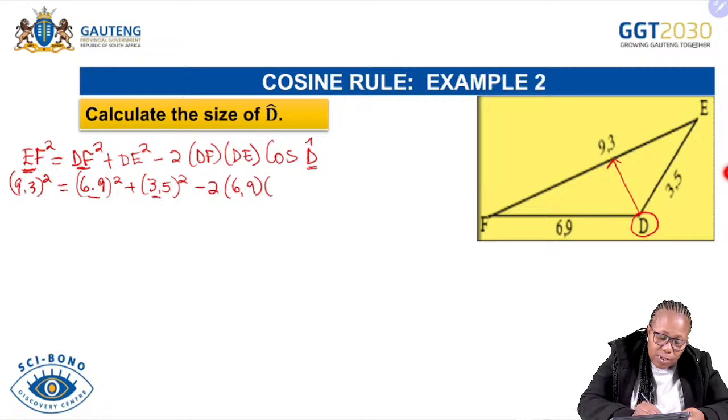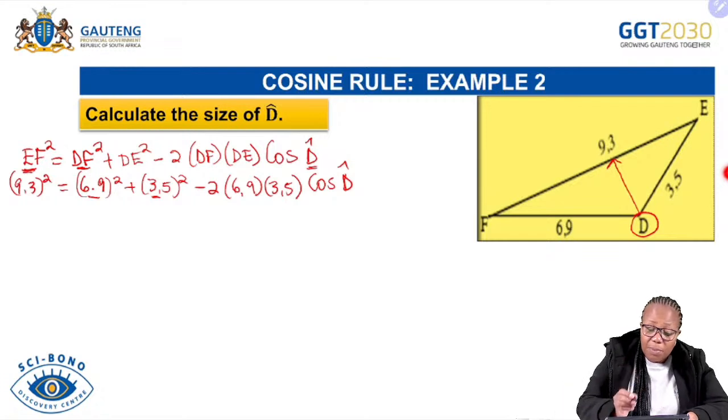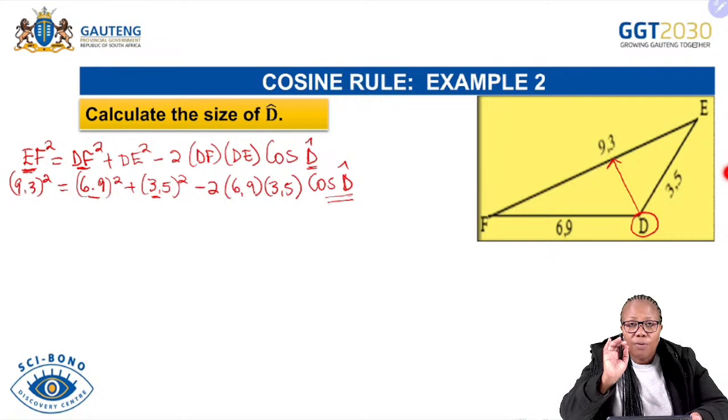And then DE will take 3,5. It's the same thing. And then we are looking at cos D. Okay, that is your substitution. But remember, grade 12, our focus is here. We want to solve for D. So you use mathematical application to solve, simplify, and manipulate the question until D is the subject of the formula.